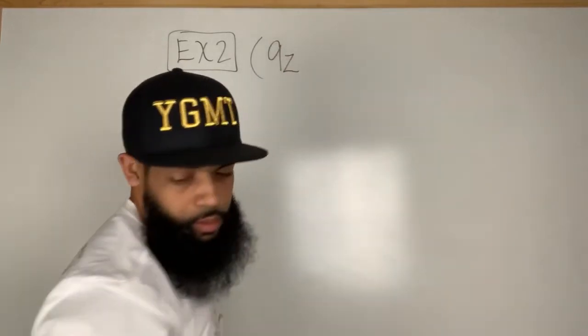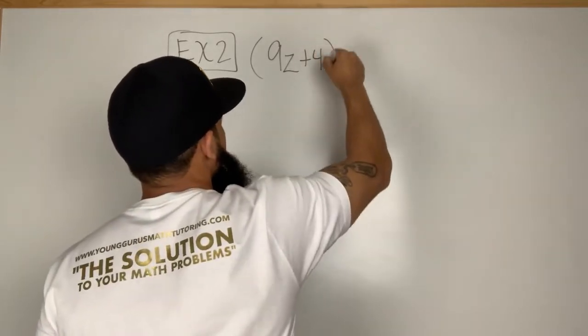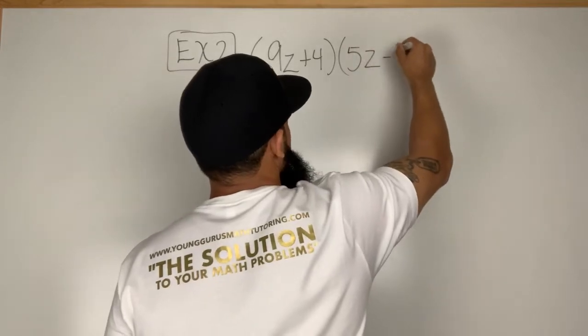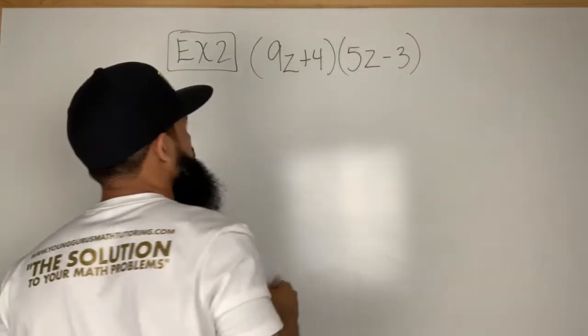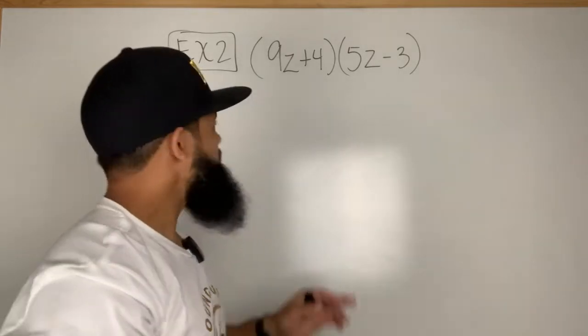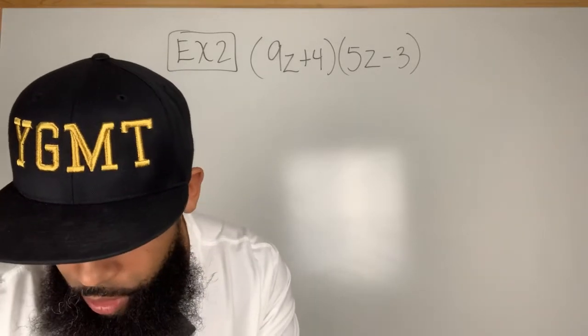Example 2: 9z plus 4 times 5z minus 3. This time I'm going to show you double distribution. We can take the term from the first one and distribute it to the second one.